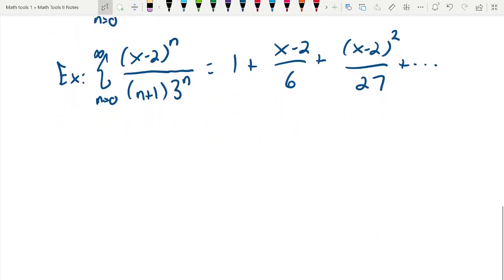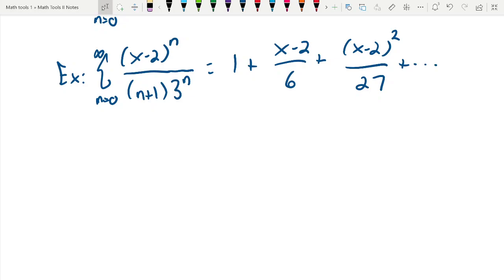So one thing that we'll be concerned about with power series, of course, is whether or not the series converges. And it's not just whether it converges, it's specifically for what x values it converges. Okay. So we know, without the x at this point, how to determine if the series converges.